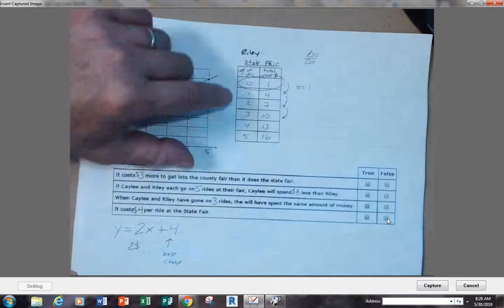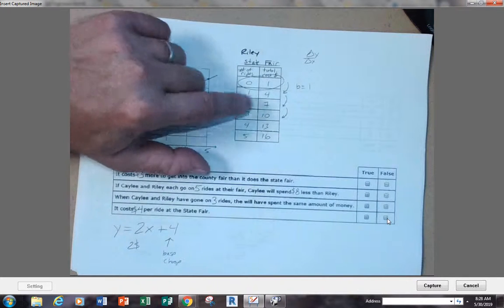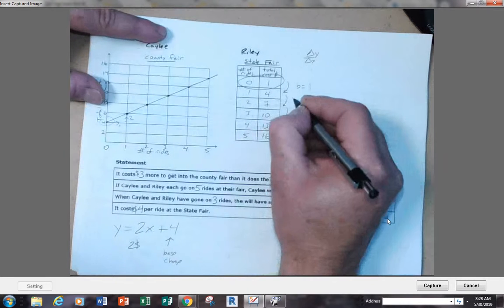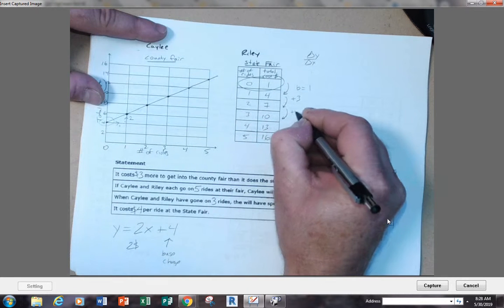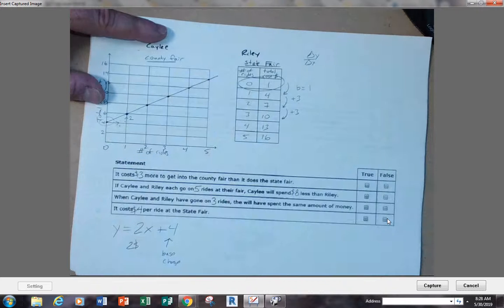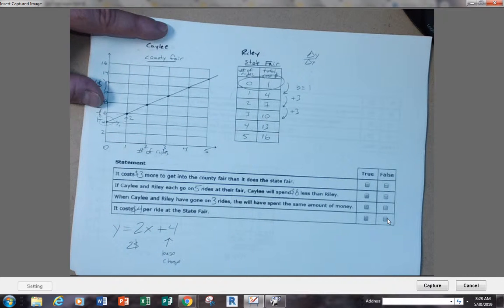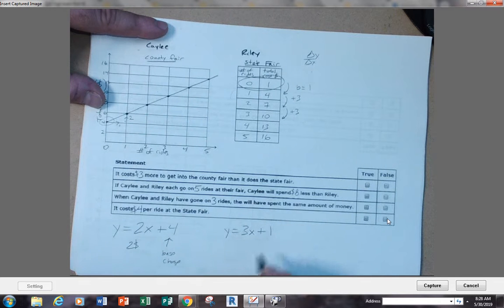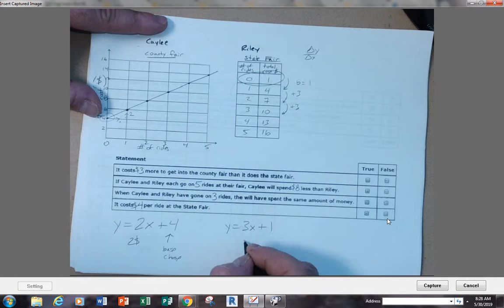But again, just going up by 1s, just focus on the y numbers. So that is going up by 3. That is my slope number, my rate of change, my slope, my m, my d. So for Riley, her equation is 3x plus 1. And again, this is how much she's paying per ride, $3 per ride.